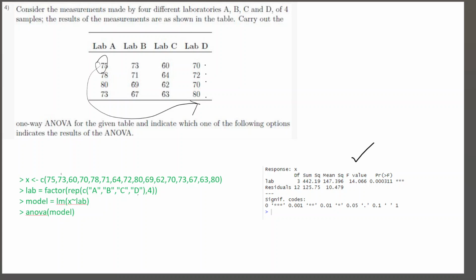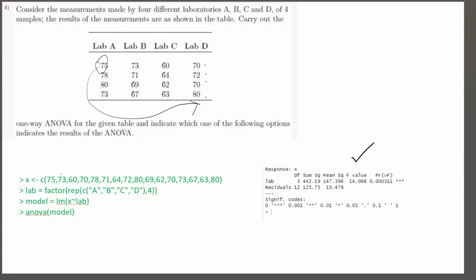So once you have given this, you are defining a variable called model, which is equal to the linear regression model between x and lab, x with respect to lab.